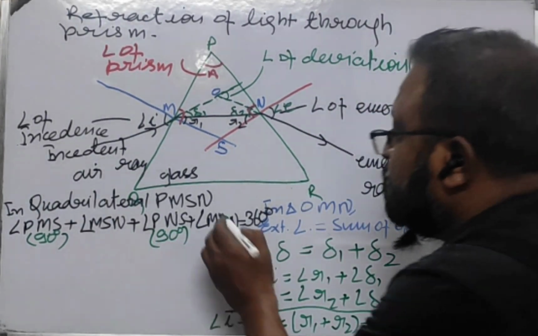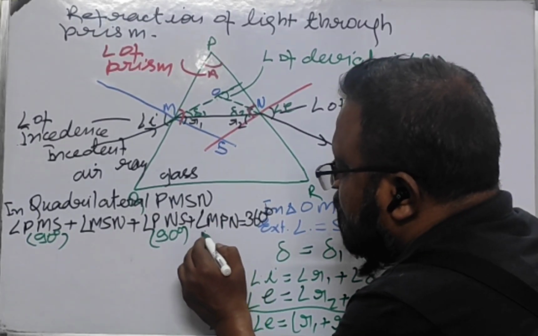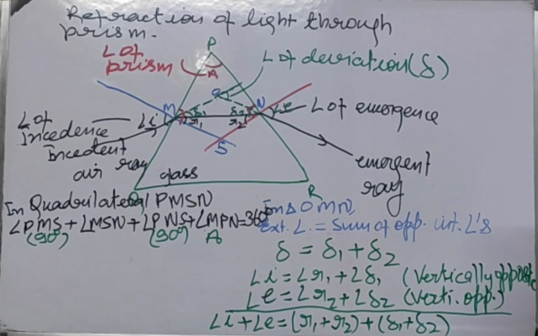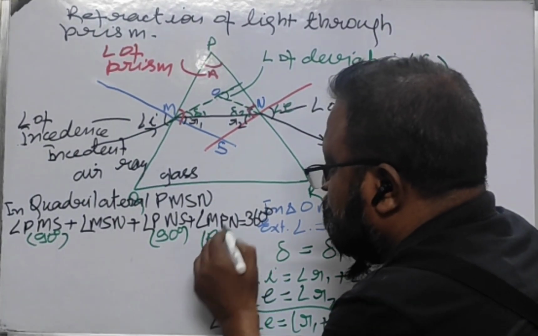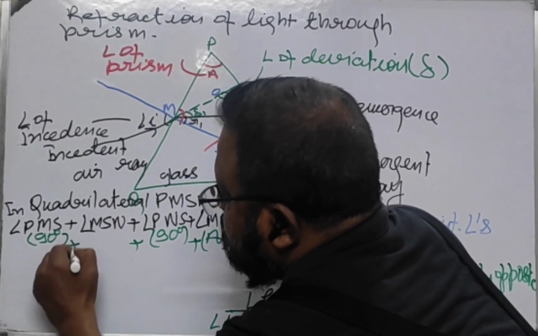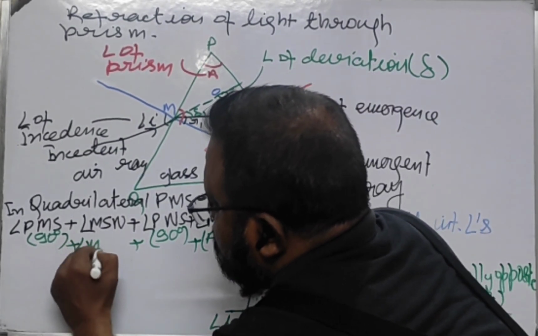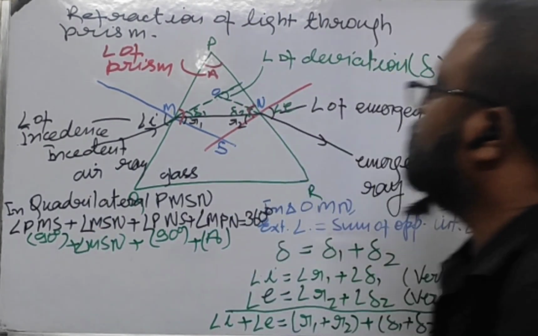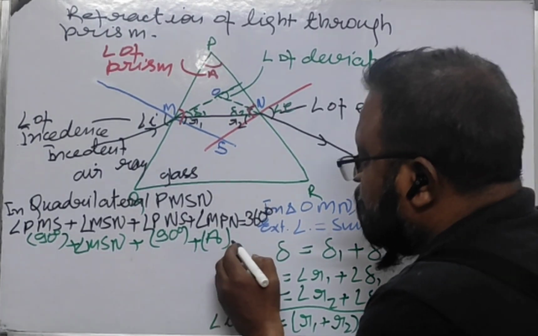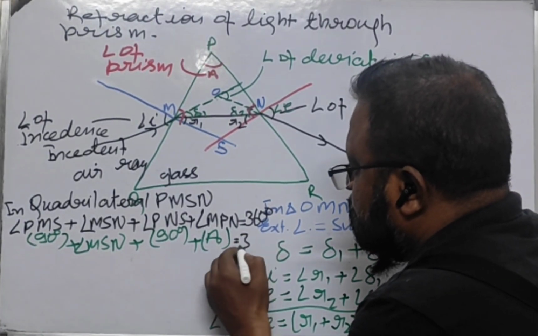And this is angle of prism A, right? So when you add all these, MSN, right? So what happens is equal to 360, right?